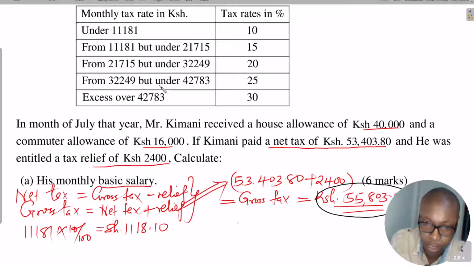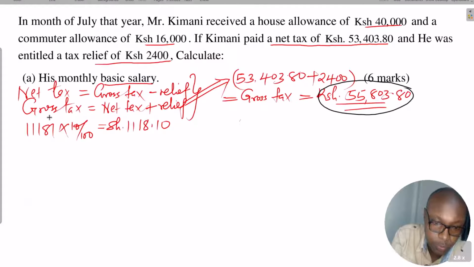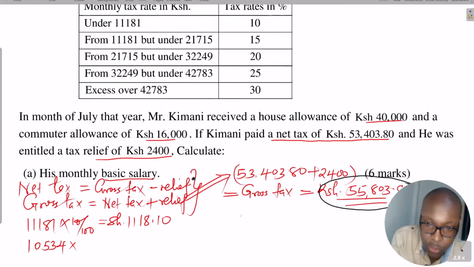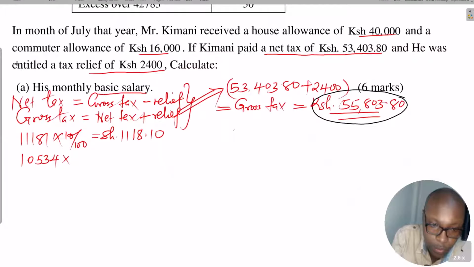When you subtract that, it will give 10,534. So we have 10,534, and the taxation rate there is 15%.